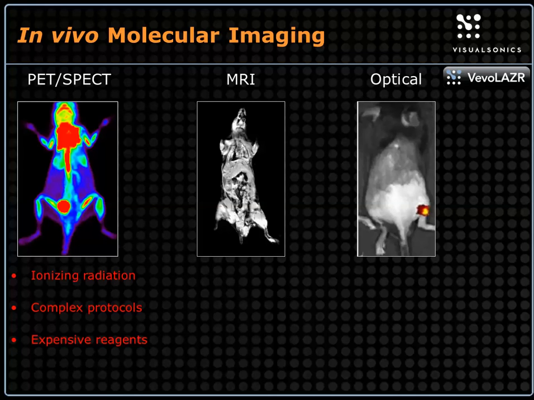Some of the protocols can be quite complex and the reagents are expensive as well. Along with the expense point there, MRI can be quite expensive, and there can be issues with limited throughput with MRI. For optical, there are limitations on the depth and resolution that can be achieved, and this can also provide difficulties in quantifying the signal that's actually there.